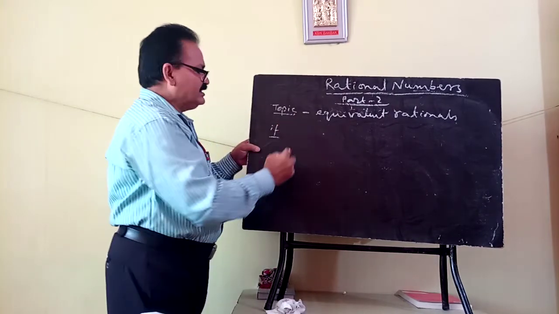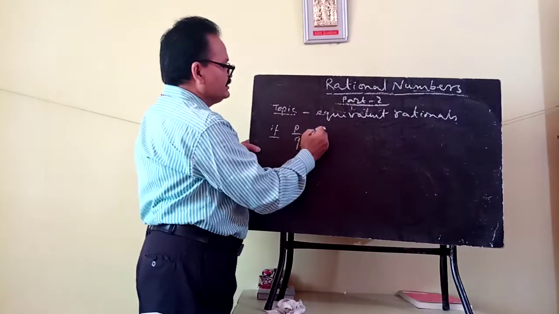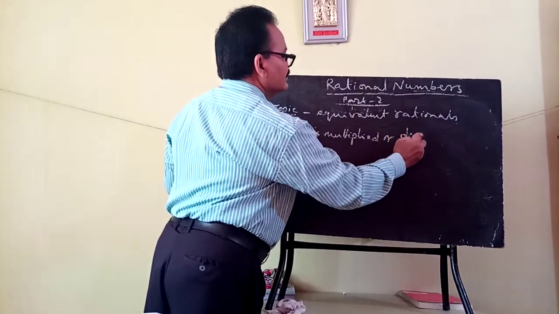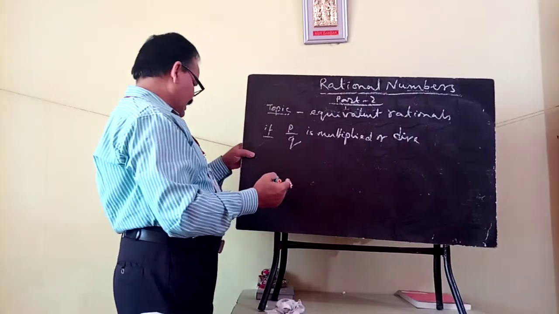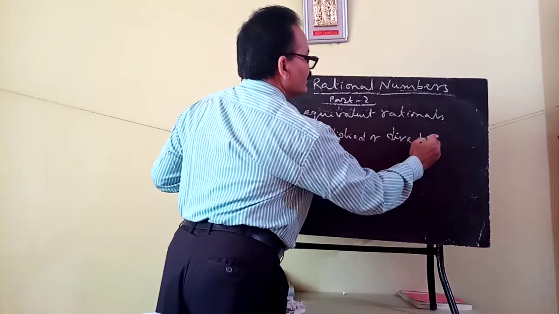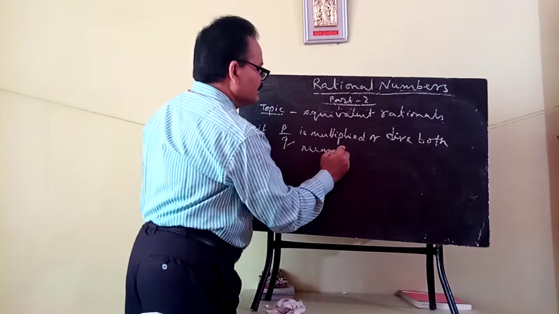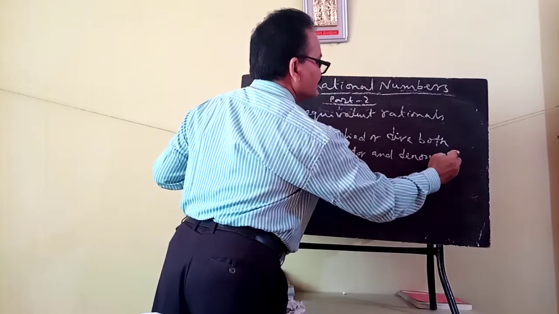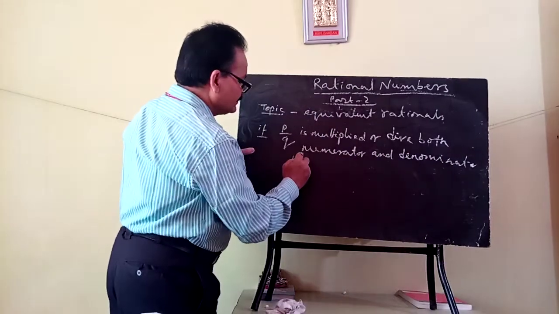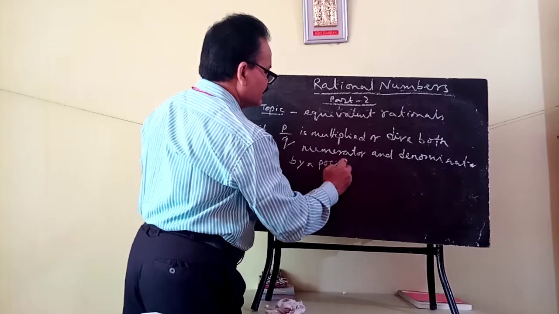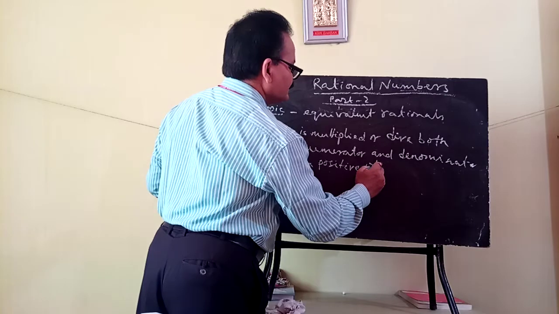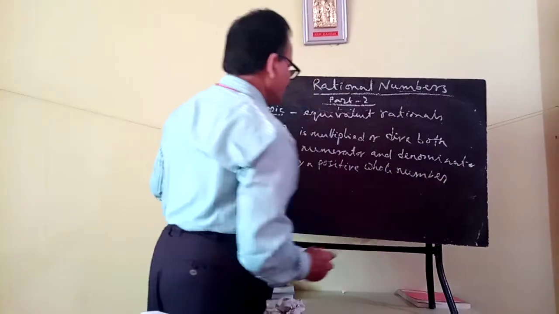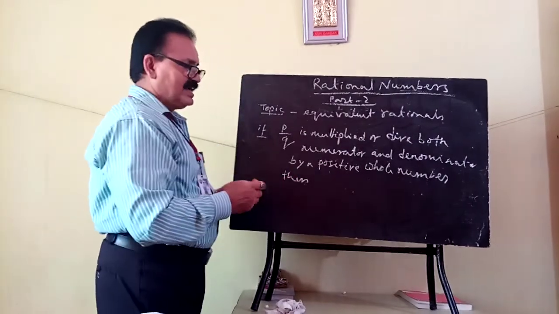If any rational P by Q is multiplied or divided, both numerator and denominator, by a positive whole number, then, except 0.